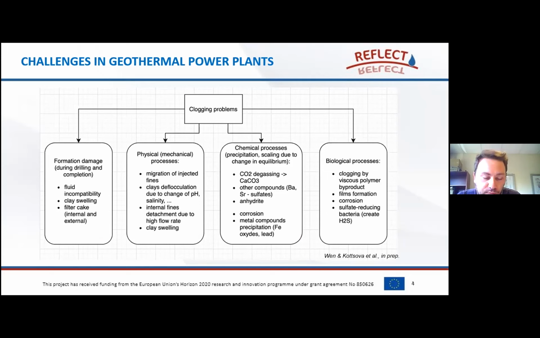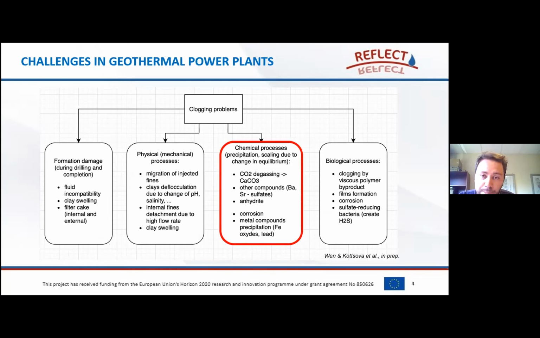We can classify the difficulties encountered in geothermal power plants as before production, during production, and after production. Difficulties before production include fluid incompatibility and clay splitting. Physical problems can occur both before and during production, and chemical and biological processes can occur during production and after production also.